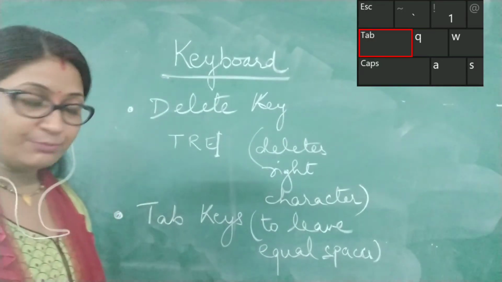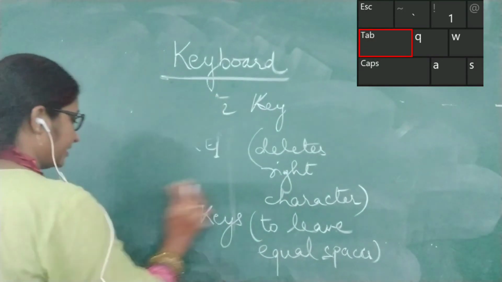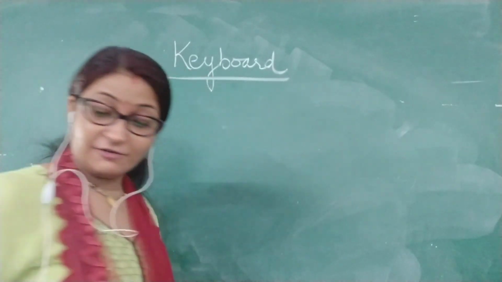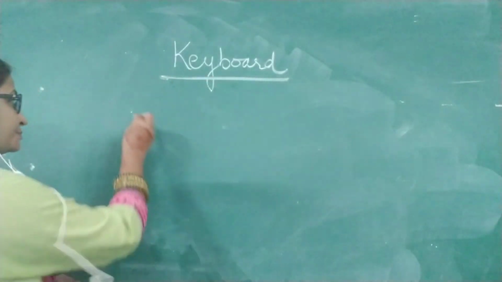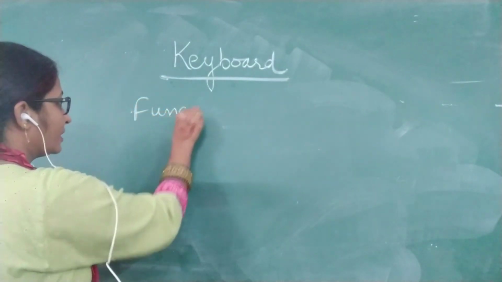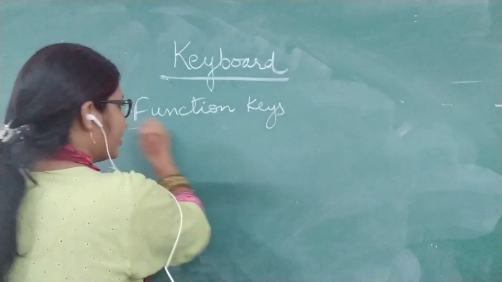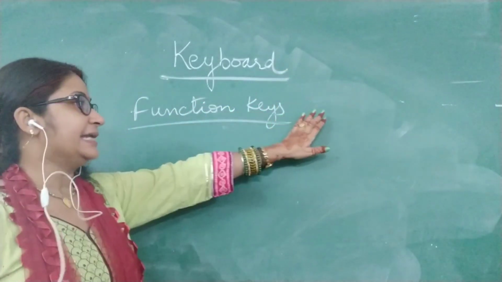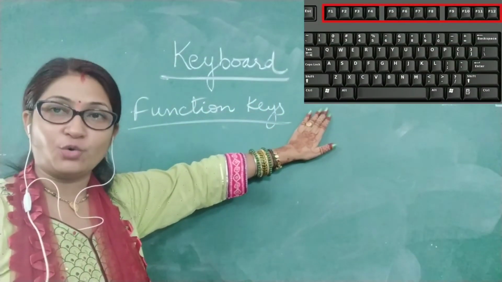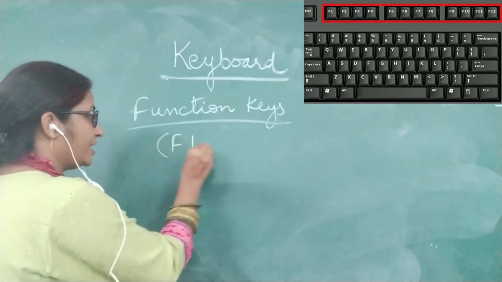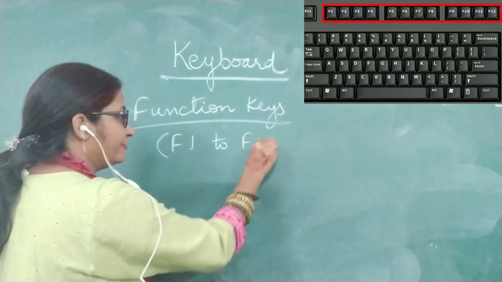And now one more category of keys is discussed here. That is the function keys. These keys are present on the keyboard. You can see them here at the top row of the keyboard, and they are numbered from F1 to F12.